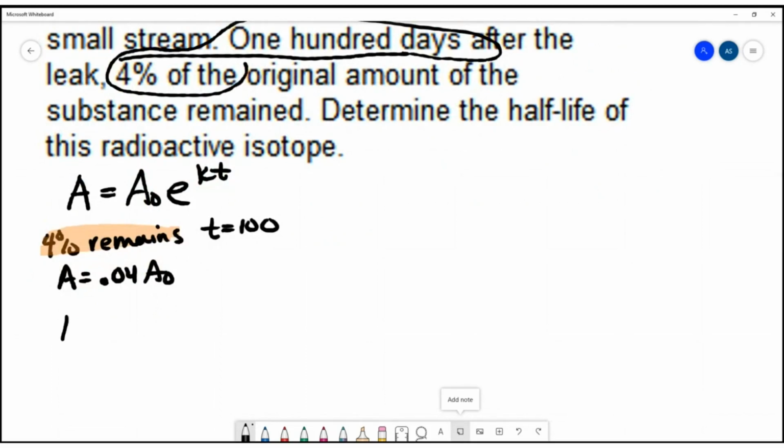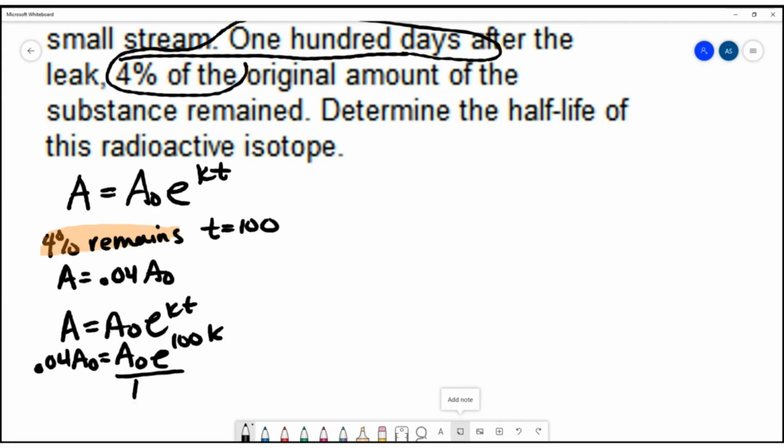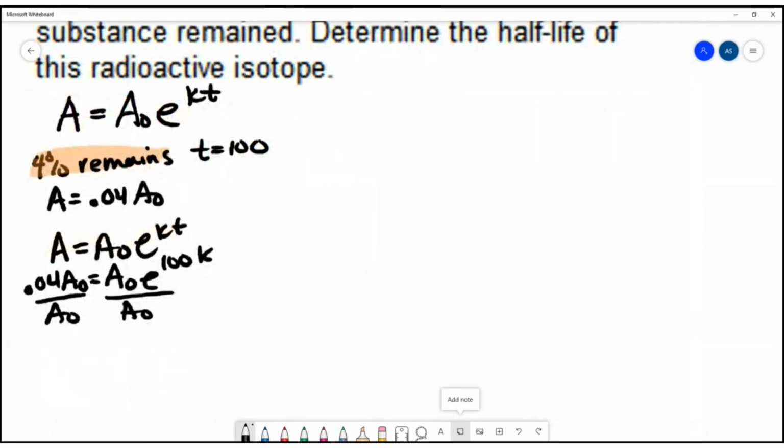So we have A equals A naught e to the KT. Substitute 4% remains, 4% of the original amount at a time of 100 days, so we get 100K. I'll divide both sides by A naught, and that gives 4% equals e to the 100K.